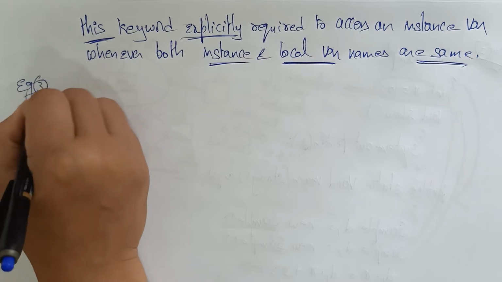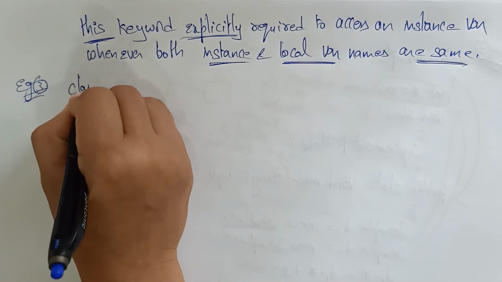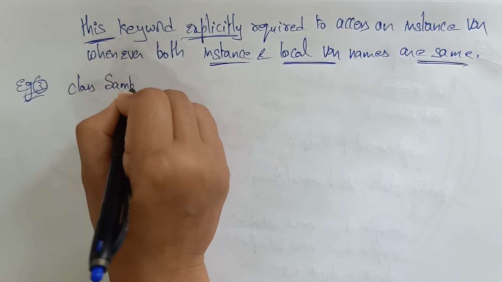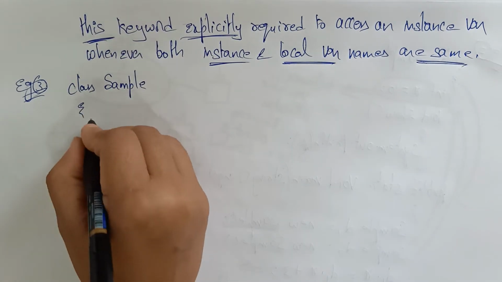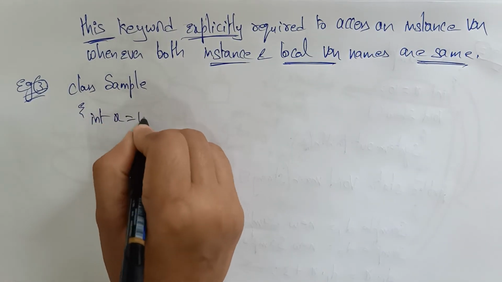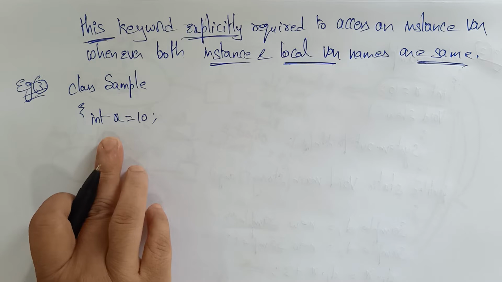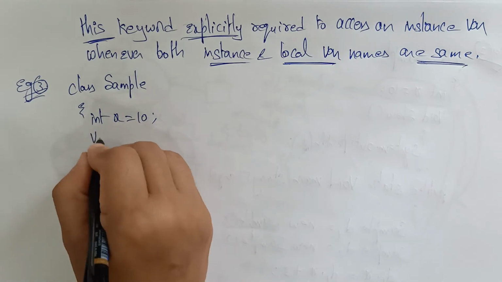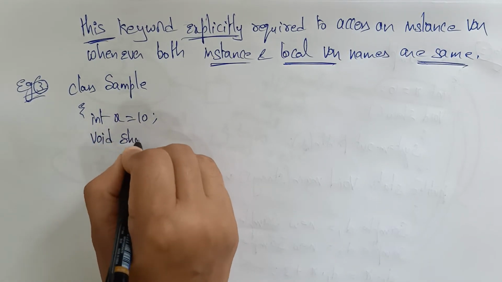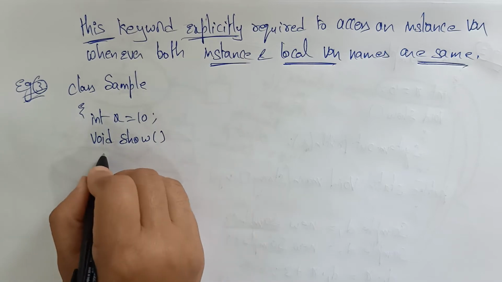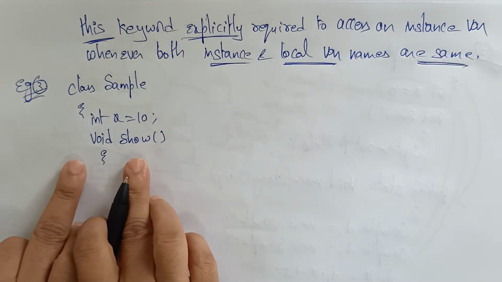Example 3. Class Sample. Now int x is equal to 10. This is an instance variable with the name x. And void show, it's a method.